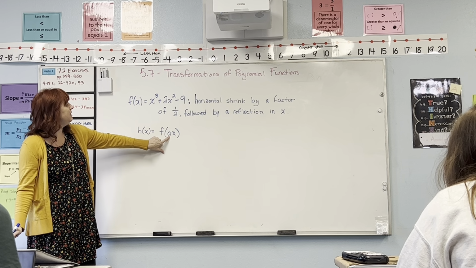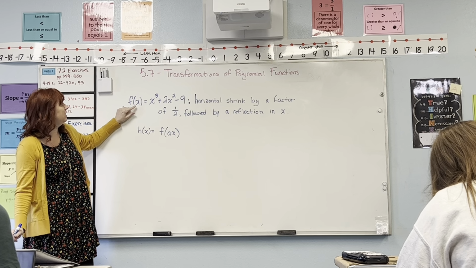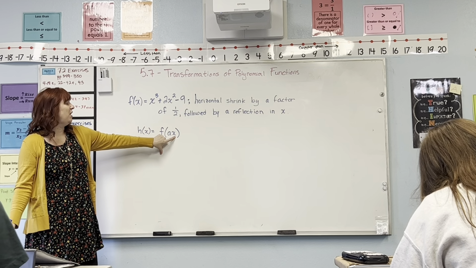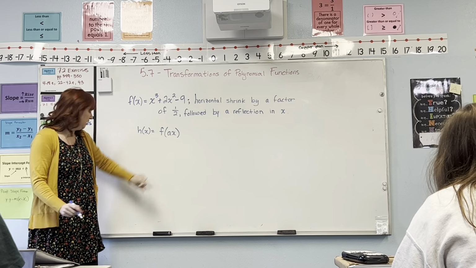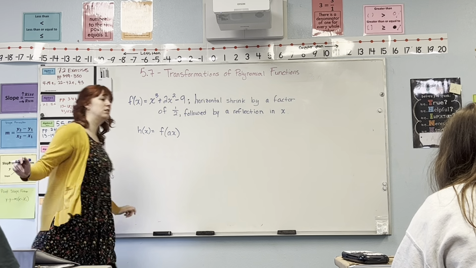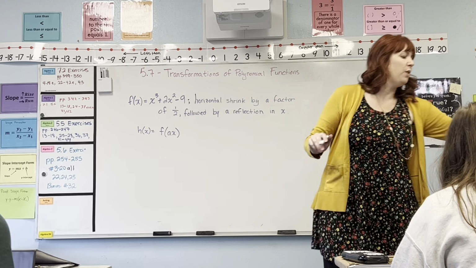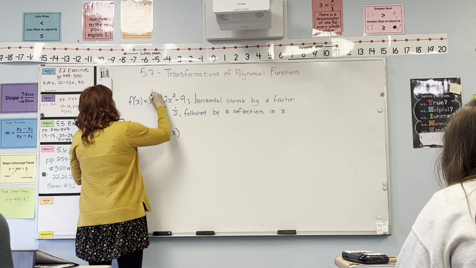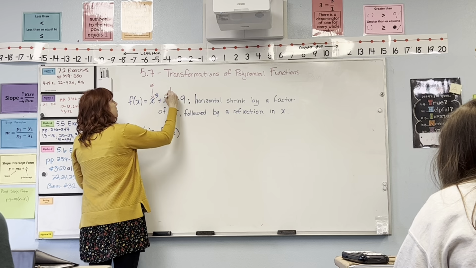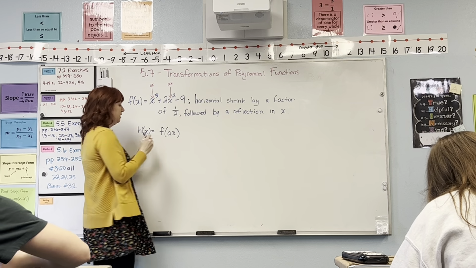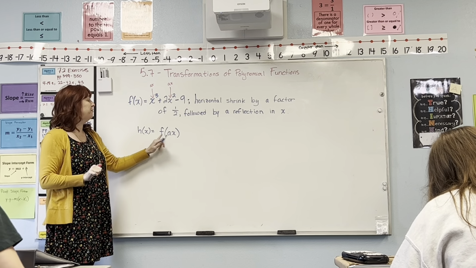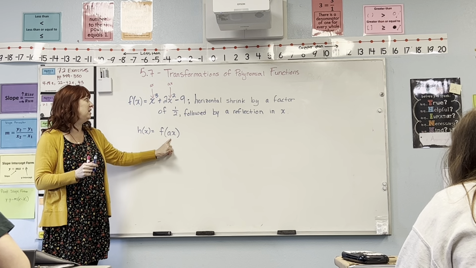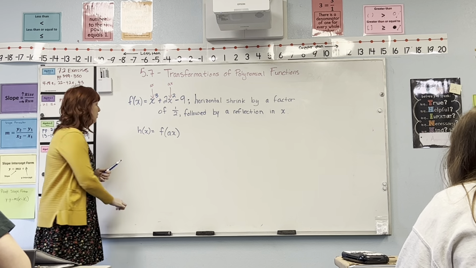So what this means is in your f of x function, wherever there's an x, instead of x, we're going to have a times x. Anytime you see f of something, that means replace your x with whatever is in here, okay?